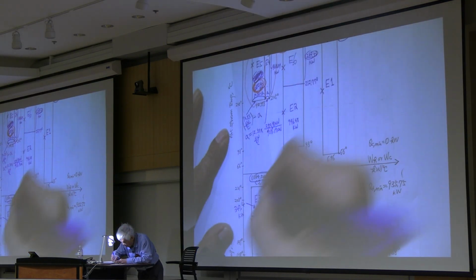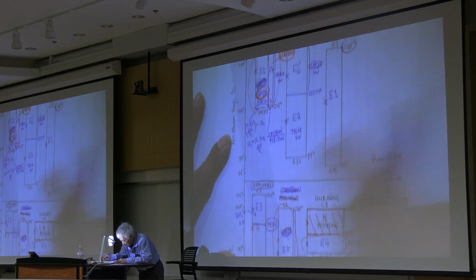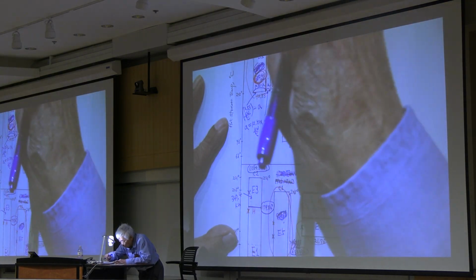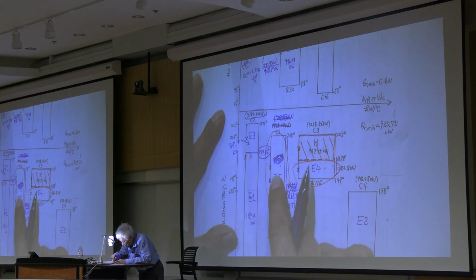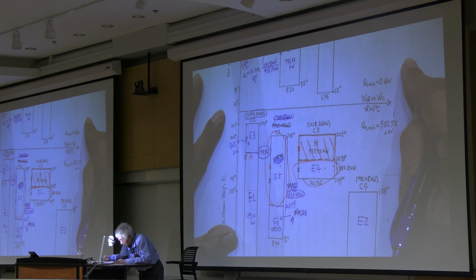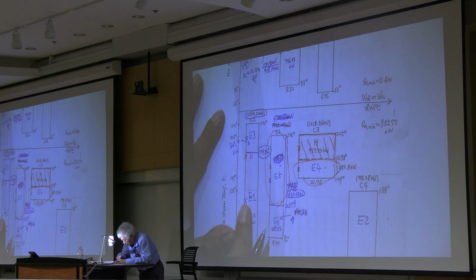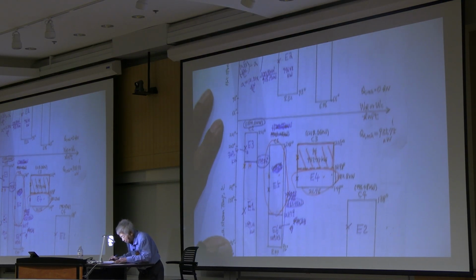E3, this is no trouble because both are the highest temperature, right? So, E4, E5, E6, intermediate temperature, followed by, no, followed by E2, and then E1.